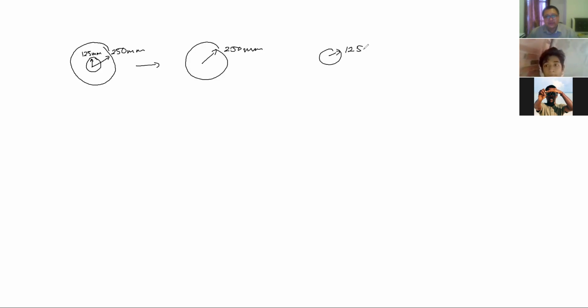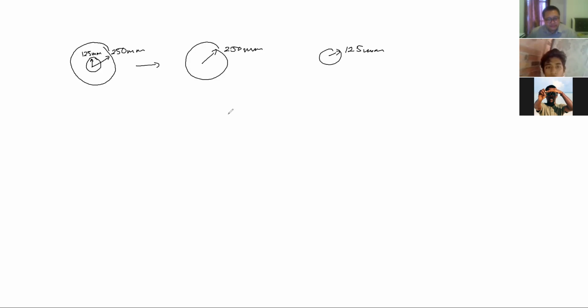So you can say that first you have a bigger circle which is 250 mm, and then you have another small circle, a hole actually, with a radius of 125 mm.